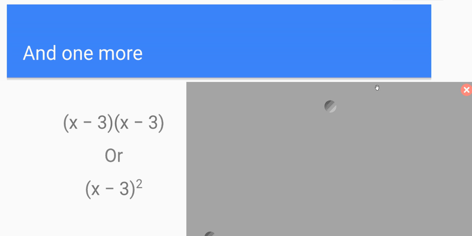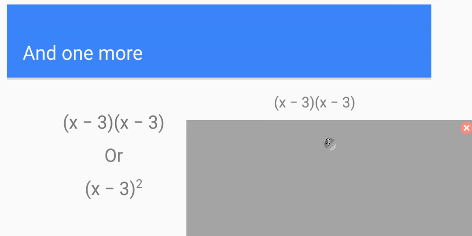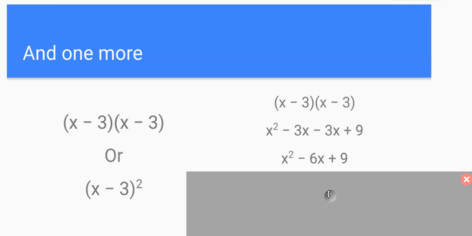So when we square x minus 3 and do x minus 3 times x minus 3, we get x squared minus 3x minus 3x plus 9. As a result, we get x squared minus 6x plus 9.